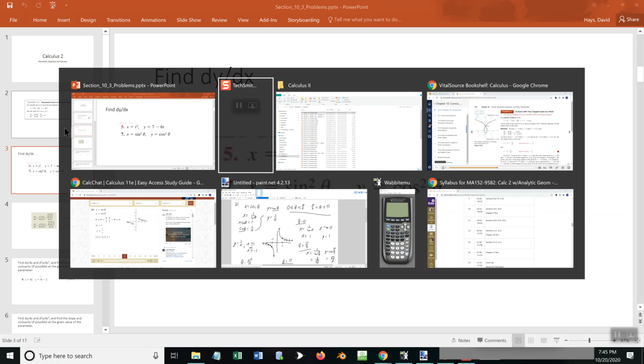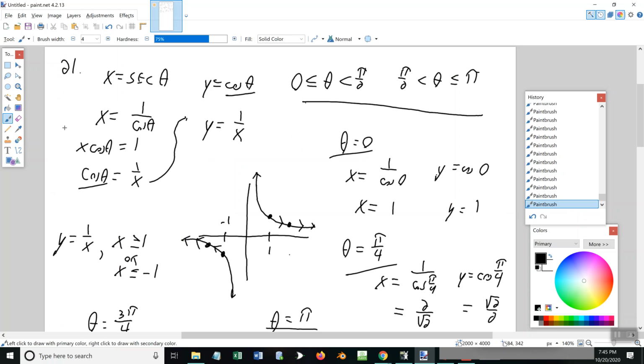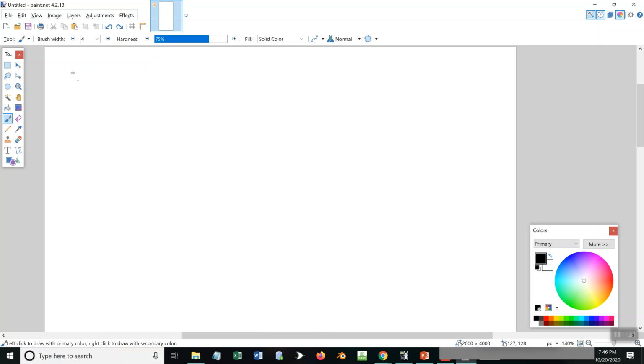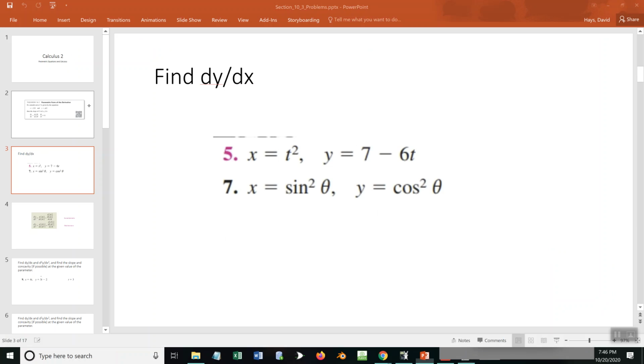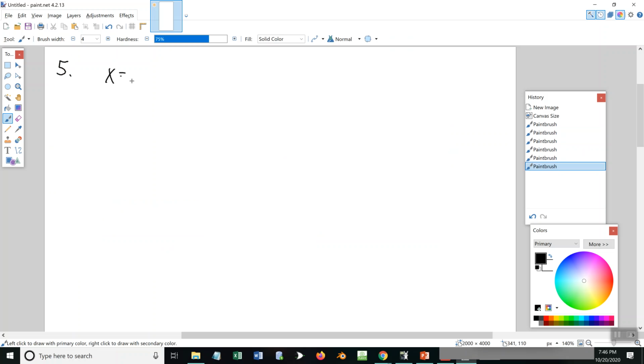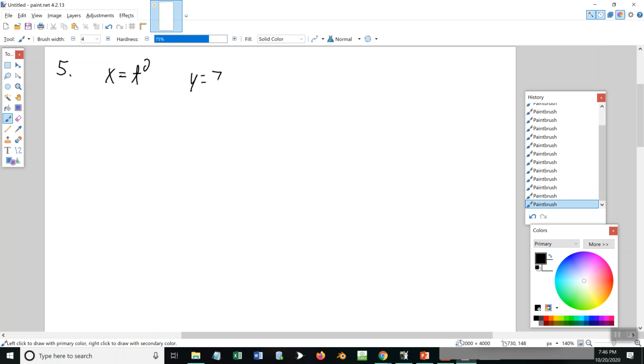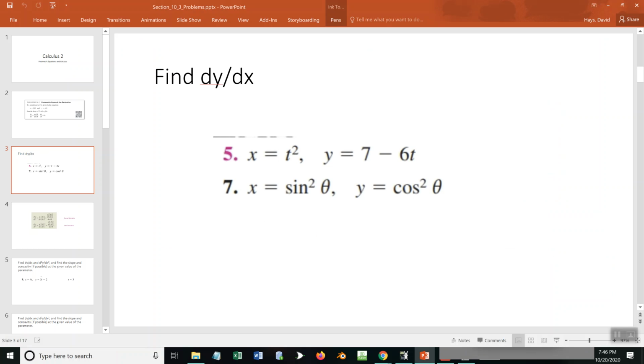Let's look at number 5. The instructions: find the derivative of y with respect to x, dy/dx.